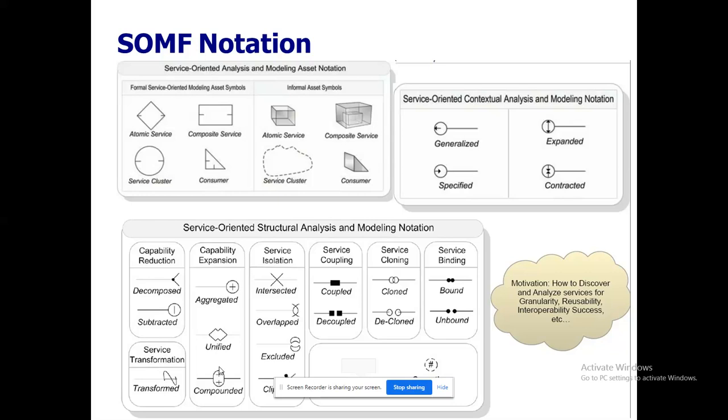One more point I want to convey here is that the first four notations: reduction, transformation, expansion, isolation, all have to happen in the depth layer of my services, the internal logic of my services. The rest are coupling, cloning, binding. All these three are the creamy layer of the services.